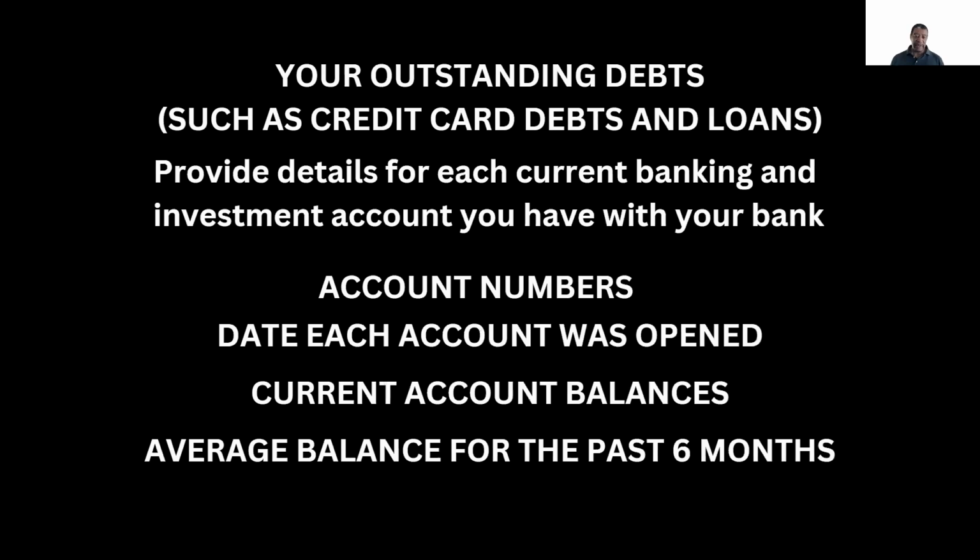Now let's look at other things that you will need to provide. Any outstanding debts, such as credit cards, any other debts and loans. You're going to need to provide details for each current banking and investment account you have with your bank. This includes account numbers, date each account was opened, current account balances, and average balance for the past 6 months.